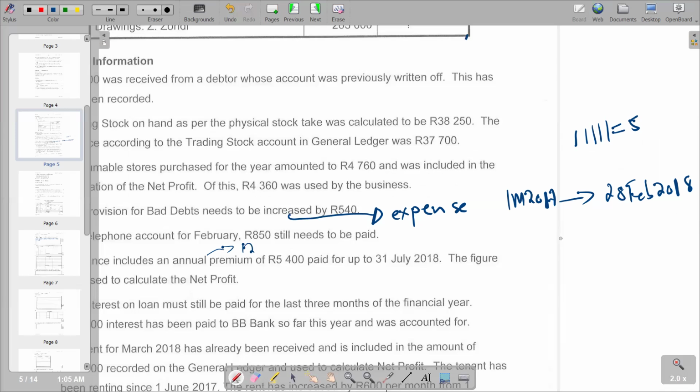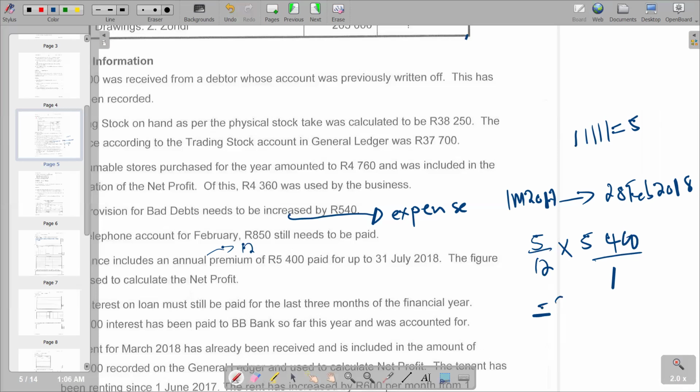So we calculate it's for how much? For 5 months. So it's now 5 over 12 times 5,400. So we do that now. We see what we get there. Whereby 5 divided by 12, and then we multiply by 5,400. So we are going to get 2,250.